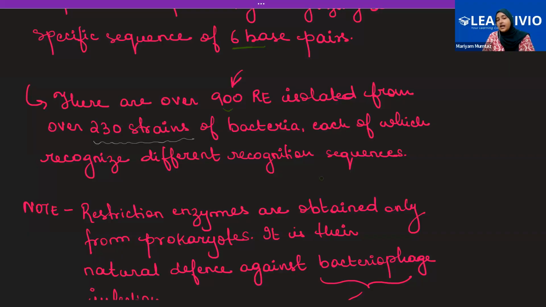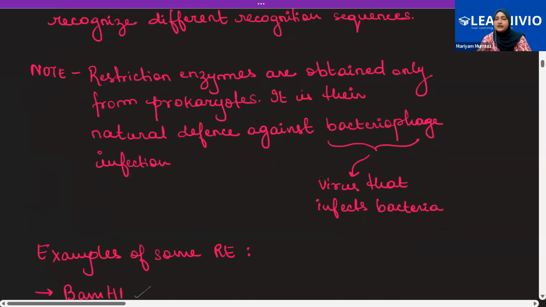So there are over 900 restriction enzymes, isolated from over 230 strains of bacteria, each of which recognizes different sequences. Always remember, the restriction enzymes inspect the length of DNA. They find out which sequence suits them, and only then do they make a cut. Okay, any doubts?